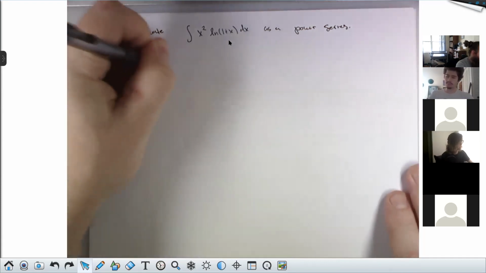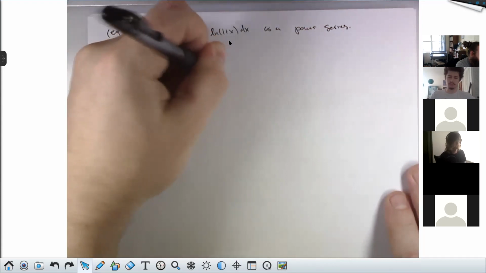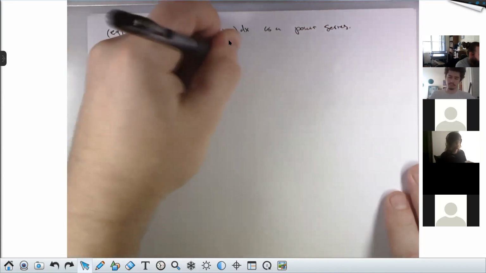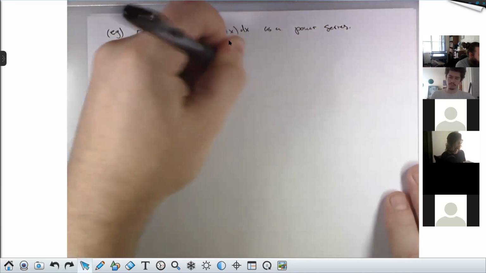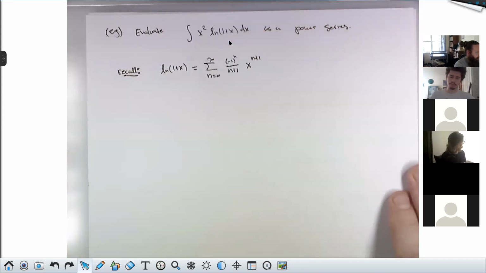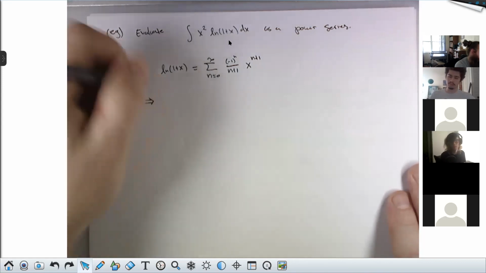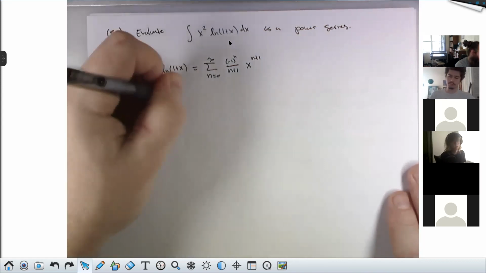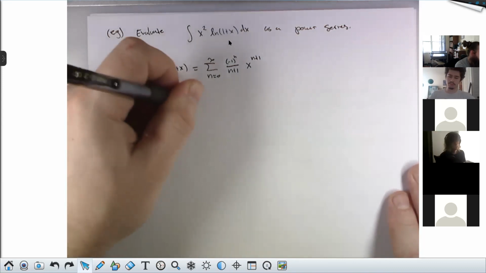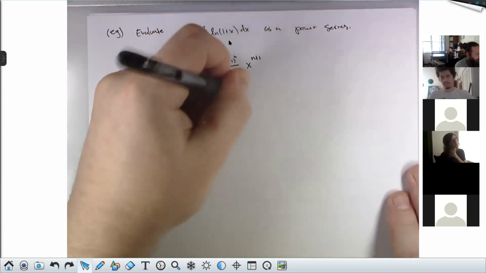We recall that the natural log of 1 plus x is sigma n from 0 to infinity, -1 to the n over n plus 1 times x to the n plus 1. Which implies that x squared times the ln of 1 plus x is x squared times that power series.